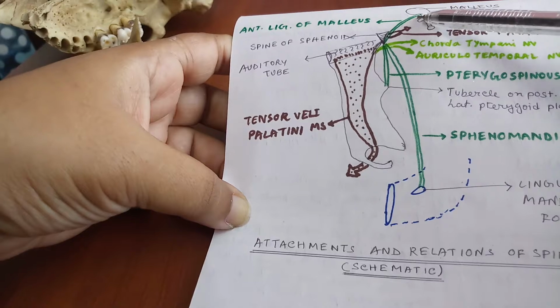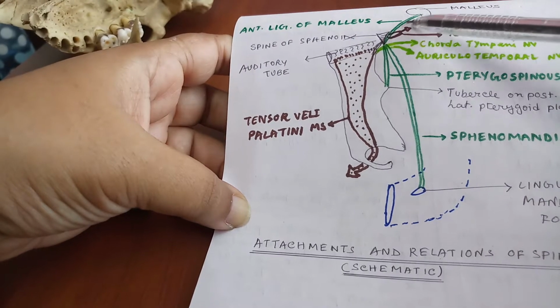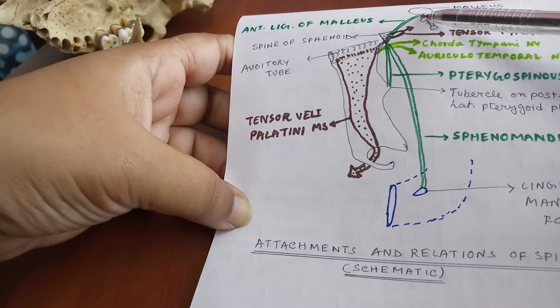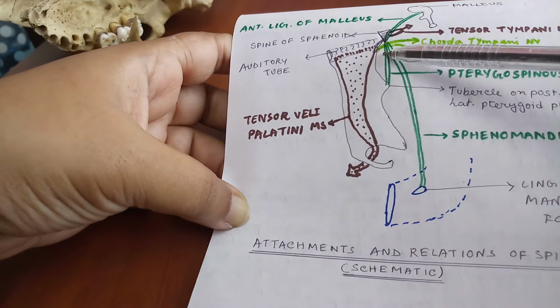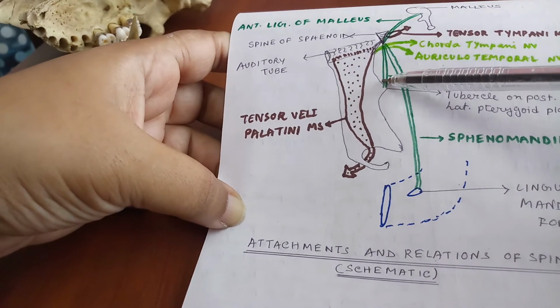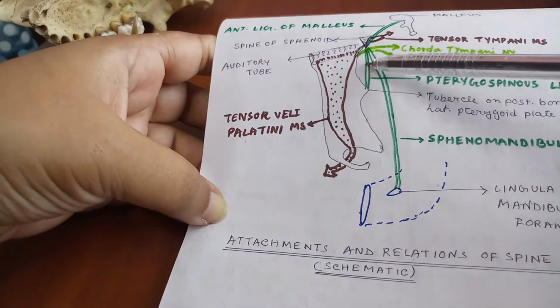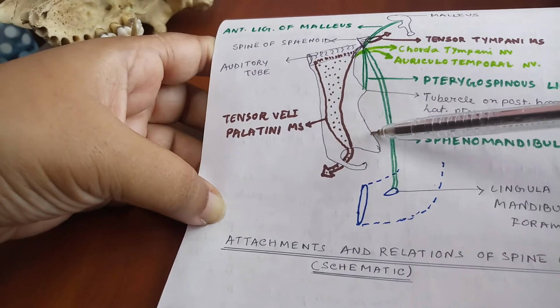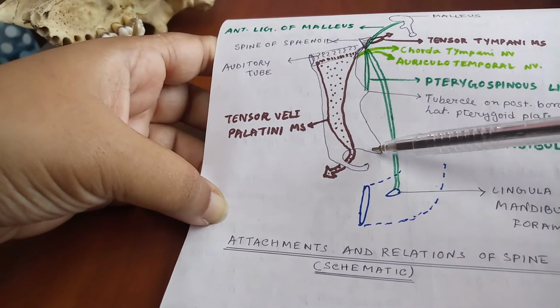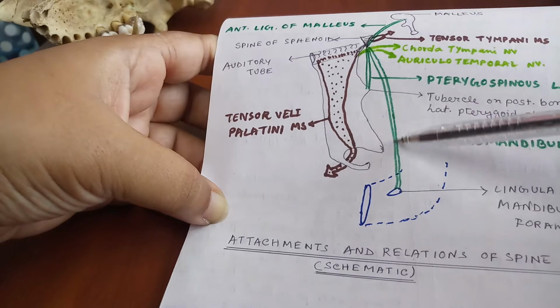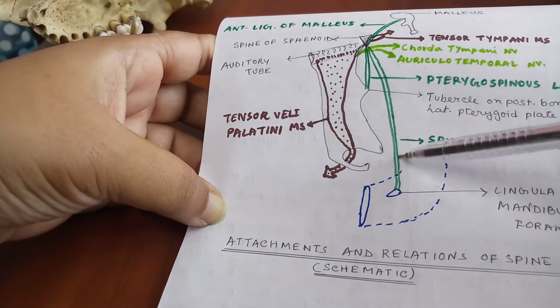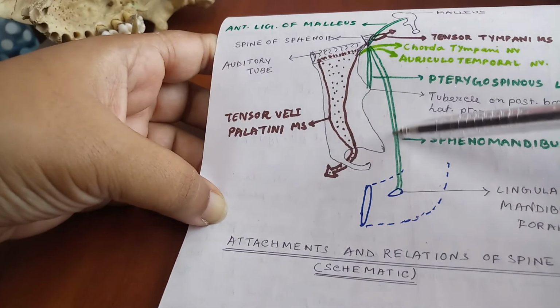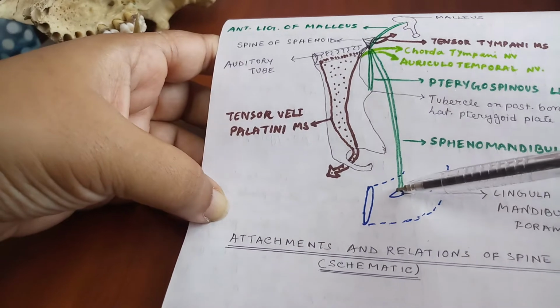First, the anterior ligament of the malleus, from the spine of the sphenoid up to the malleus. Second, the pterygospinous ligament, which goes to attach to the tubercle on the posterior border of the lateral pterygoid plate. And third, the long ligament, the sphenomandibular ligament, which extends up to the lingula of the mandible.